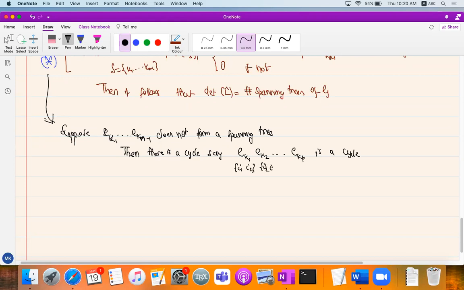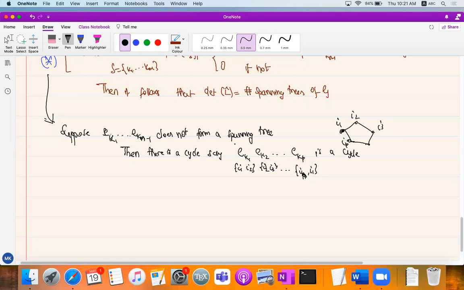This may be I2, I3, and so on, up to the end, where we get IKp and I1. So that's how we get a cycle. Sorry, I should have written IP, I1. So what is the problem then?